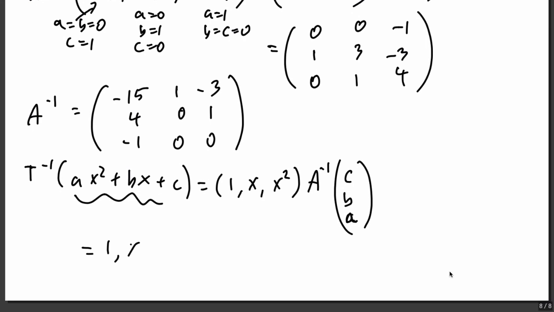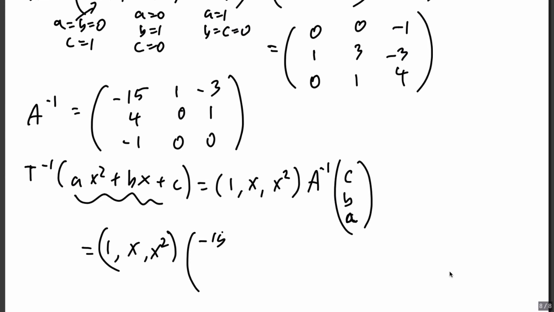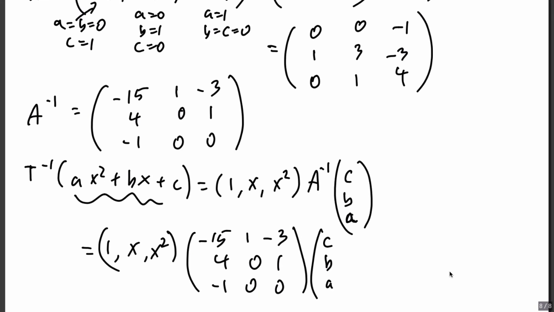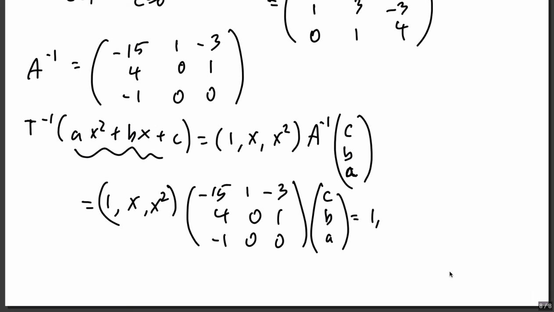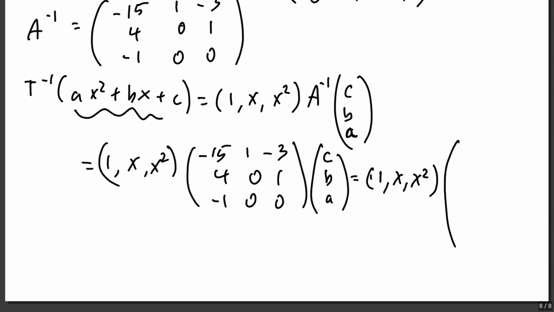So this will be 1, x, x squared, and the A inverse, minus 15, 1, minus 3, 4, 0, 1, minus 1, 0, 0, and multiplying by the coordinate matrix, the inverse transformation's matrix representation, we get minus 15c plus b minus 3a, 4c plus a, and minus c.